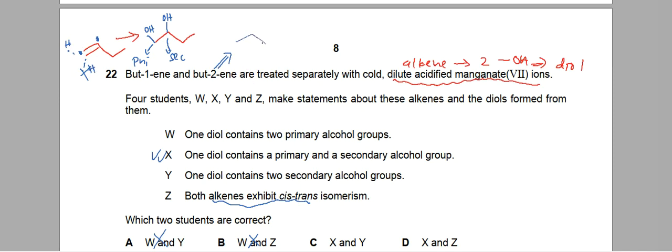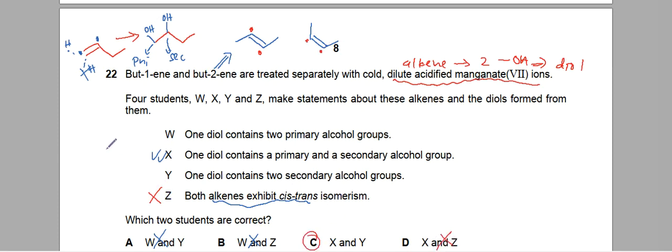You can have the trans version and also the cis version. When the diol is added, it will be on these 2 positions here. So we know that this is incorrect, so at this point we can conclude that the answer is C.